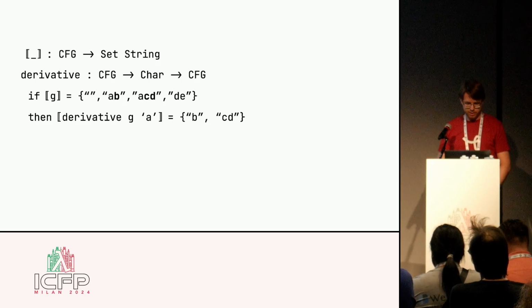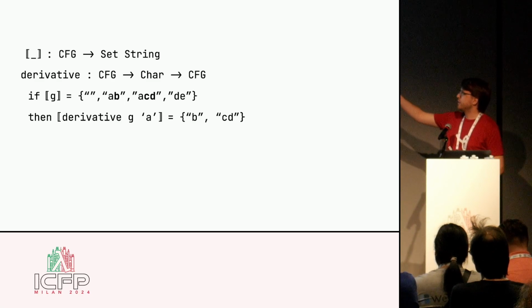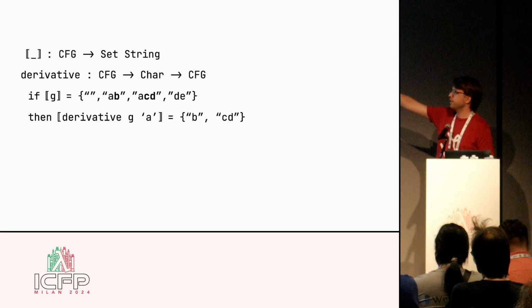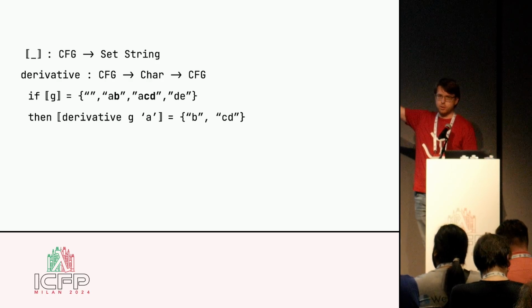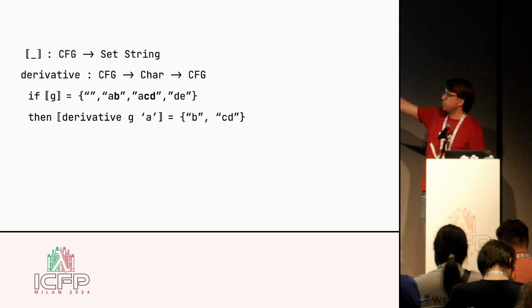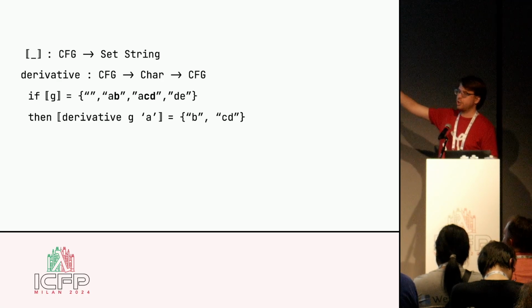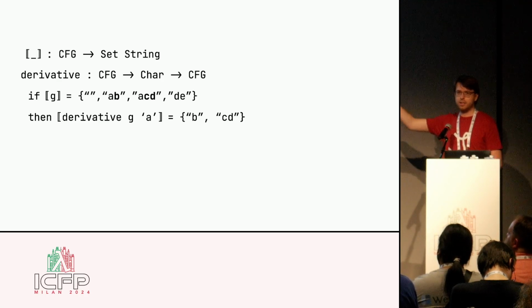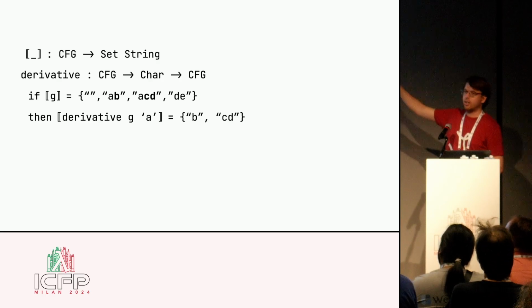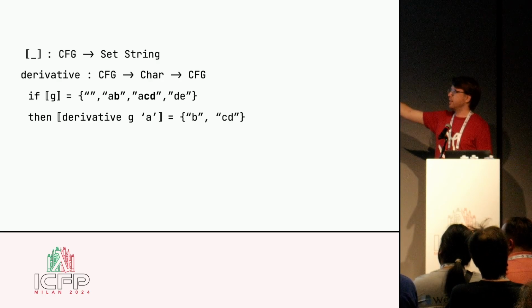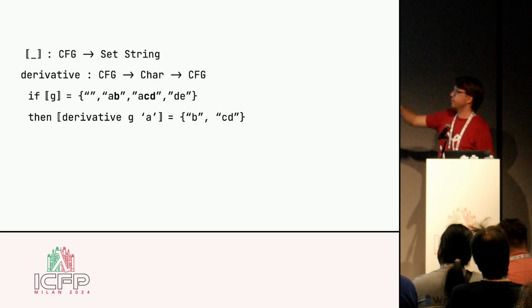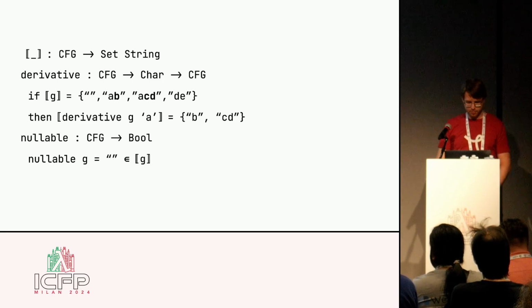Then the derivative is taking a context-free grammar and a character to produce a new context-free grammar, where the meaning of this new grammar is all the elements of the original grammar, but only those which started with that character. So we essentially filter out all the strings that start with that character and then also remove that character. So we're left with this B and CD in the derivative.